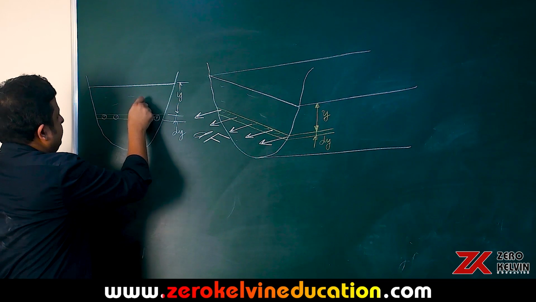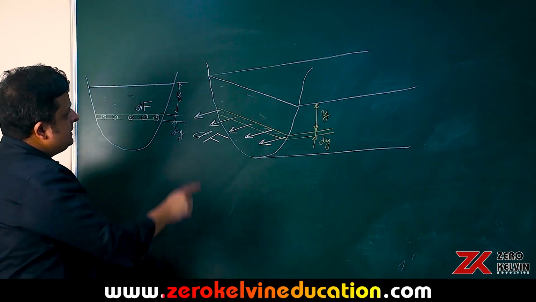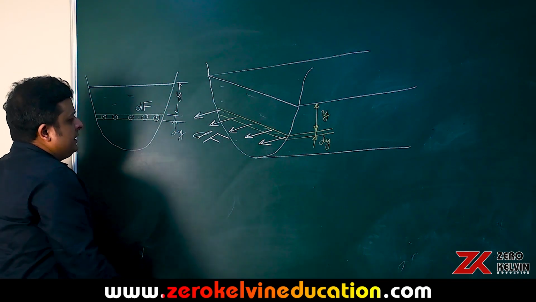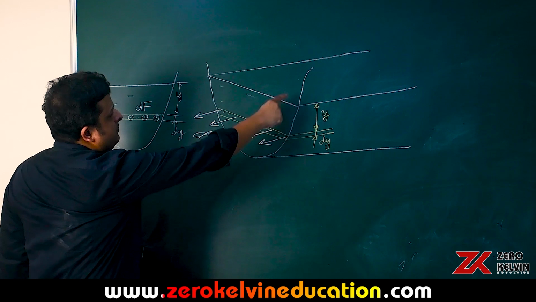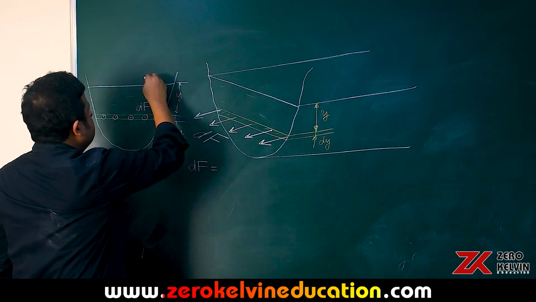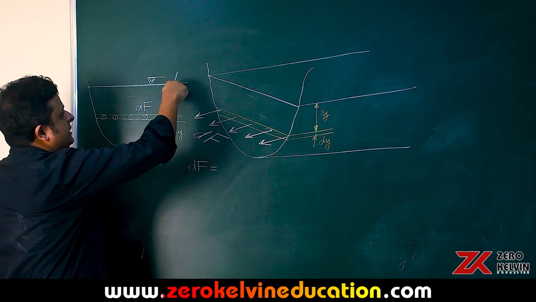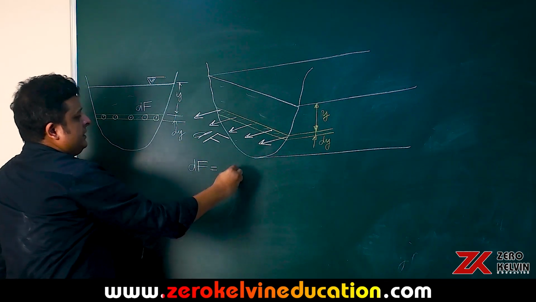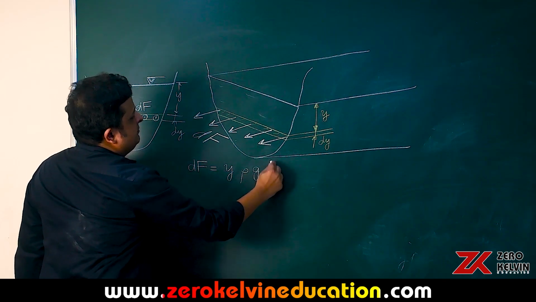So dF is equal to pressure, and as this is a free surface of the liquid, the height is y, so dF equals y rho g times dA.